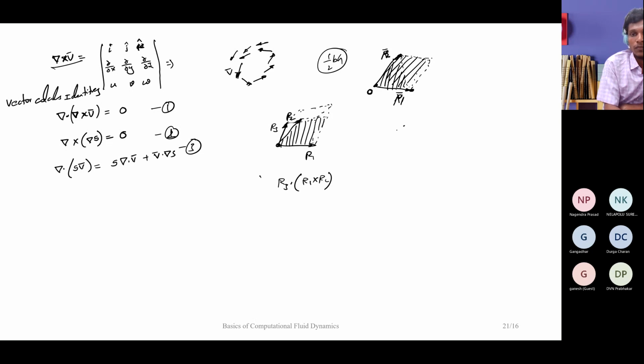It is a bit hard to draw. So this gives us a simple formulation: R3 dot R1 cross R2 gives you the volume of a parallelepiped.